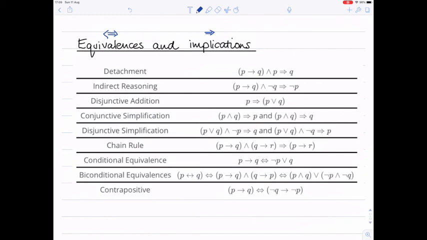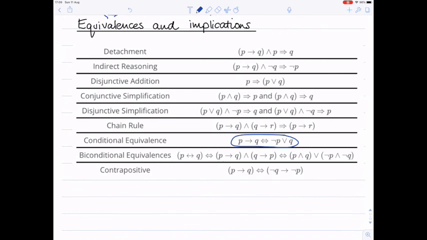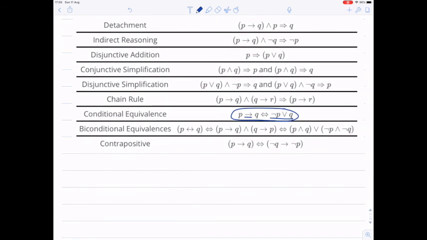So you do that by just checking the truth table. So in particular, it's worth noting that one way that you can simplify a conditional statement, so an if P then Q, is into not P or Q. So just to give ourselves a little bit of practice, let's check that these are equivalent.